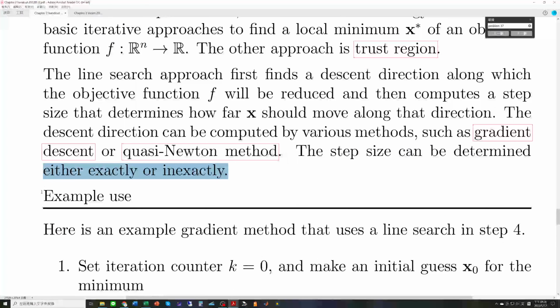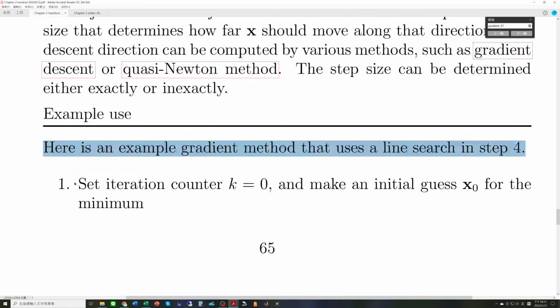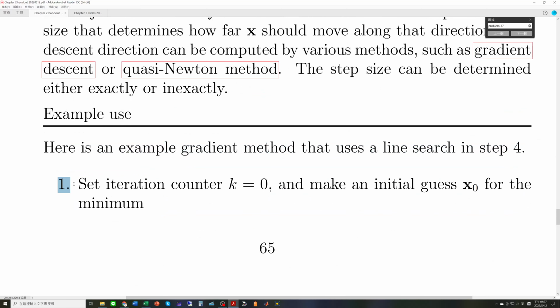Example use. Here is an example gradient method that uses a line search in step 4. The first step, set iteration counter k equal to 0 and make an initial guess x0 for the minima.